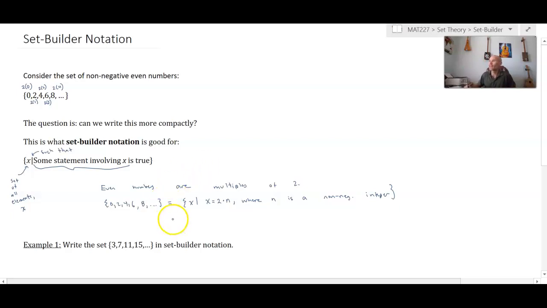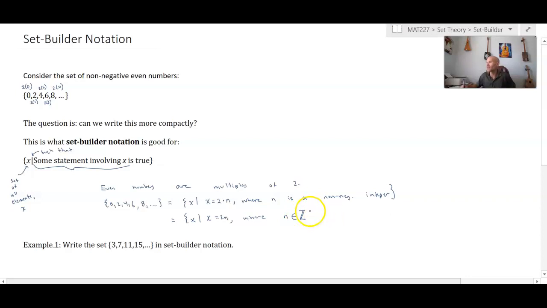Now I could write this even more compactly. I could use a notation. We could say x is equal to 2n, where n is an element of the set of integers, which is the reserved symbol for that, a capital Z with this extra little leg here, this extra little support bracket, if you will.